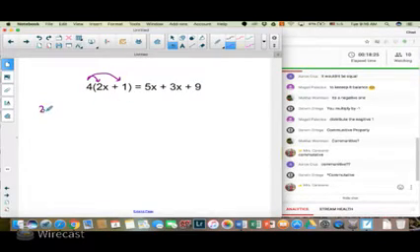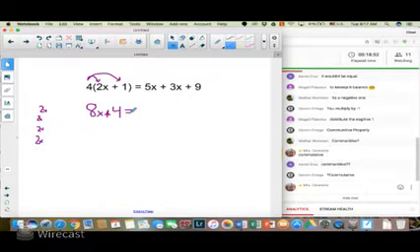So we have a 2x, and another 2x, and another 2x, and another 2x, or, because we know we can multiply, it's 8x. And when we distribute 4 groups of 1, we have 4.